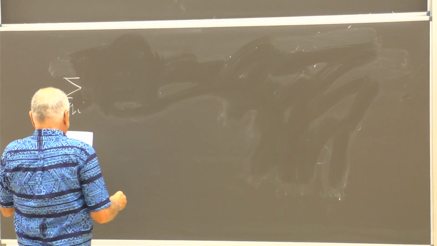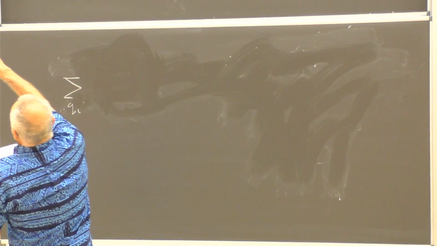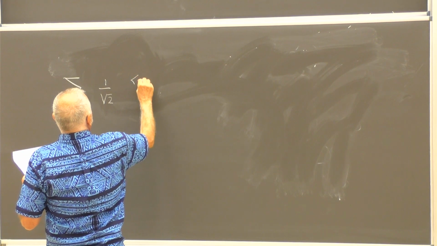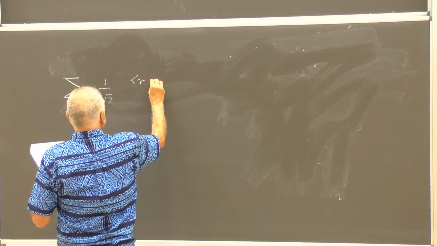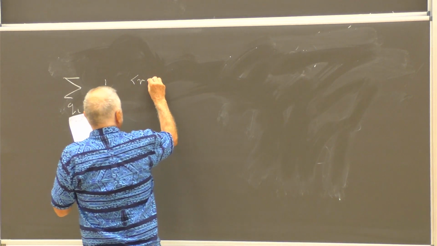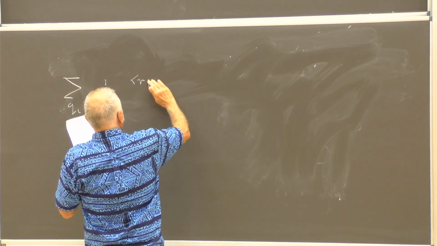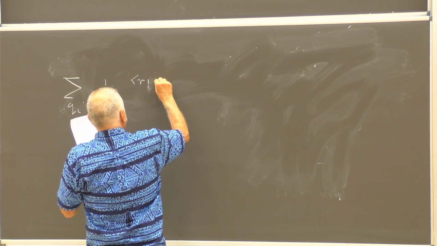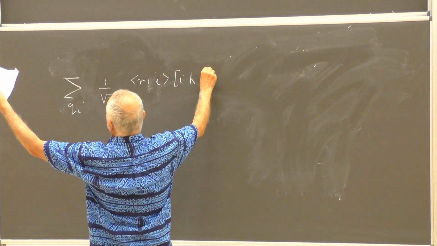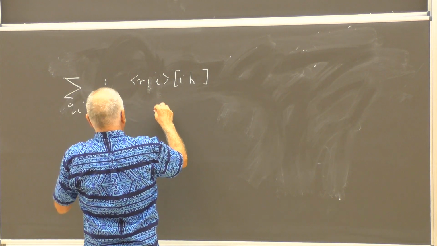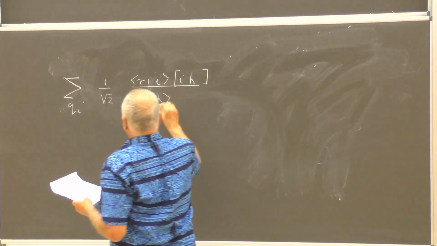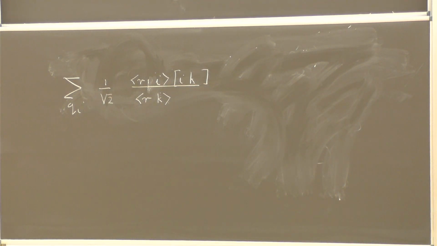And then I have that thing, which is 1 over the square root of 2. There will be the momenta p_i for each of them, and I will have this reference vector r_k from here, and then I will have k times p_i.